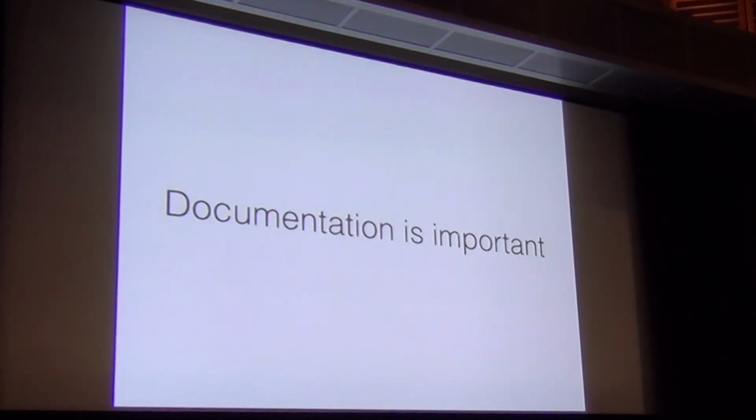Documentation is important. It's important for you as a user and as a developer. How can you make changes to a module if you don't know what each of the parameters do? Why would you want to use a module that you have to reverse engineer in order to understand what the hell it's doing, right?